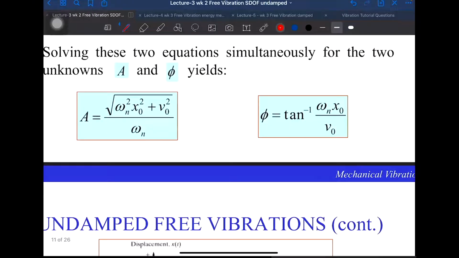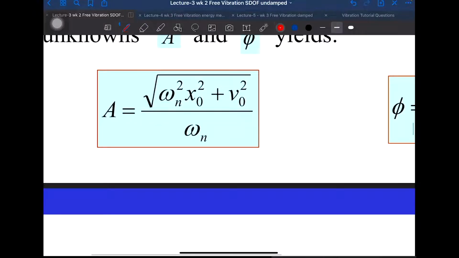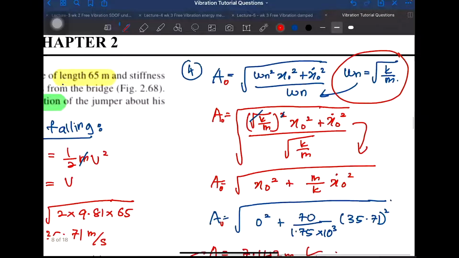I see. I put a wrong formula here. The square root is on the top only, not on the omega n at the bottom also. I thought it was on the whole equation. Sorry, I'm also confused with my handwriting because my handwriting is very bad.